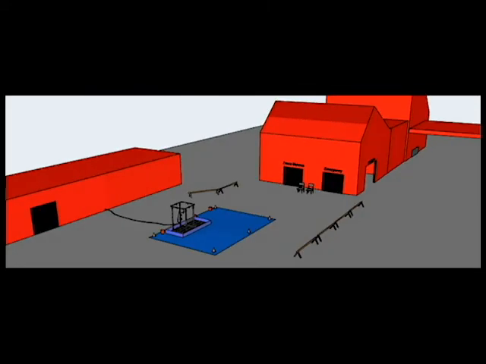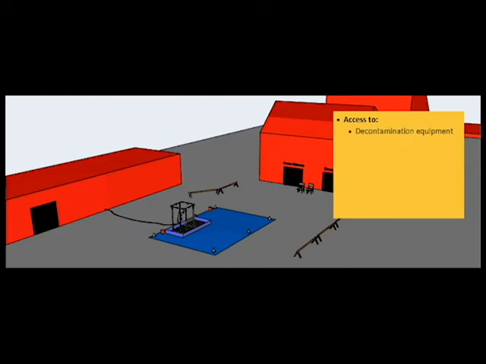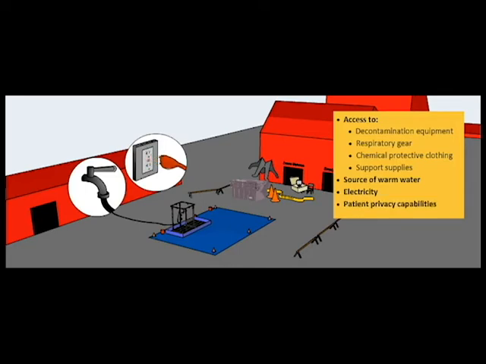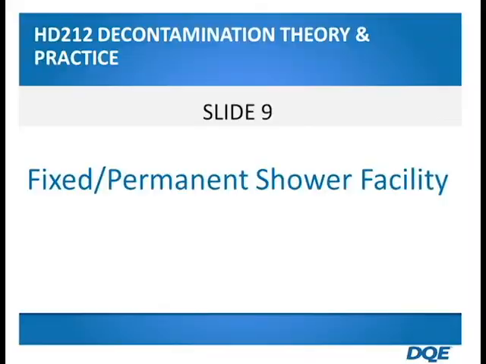The designated decon area should have access to the decontamination equipment, respiratory gear, chemical protective clothing, and support supplies. In addition, the decon area should have a source of warm water, electricity, and patient privacy capabilities. This is an ideal location for decontamination and may require some modification to your facility to accommodate this setup.